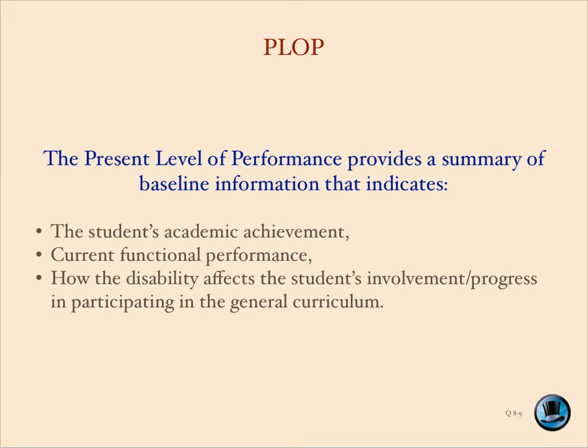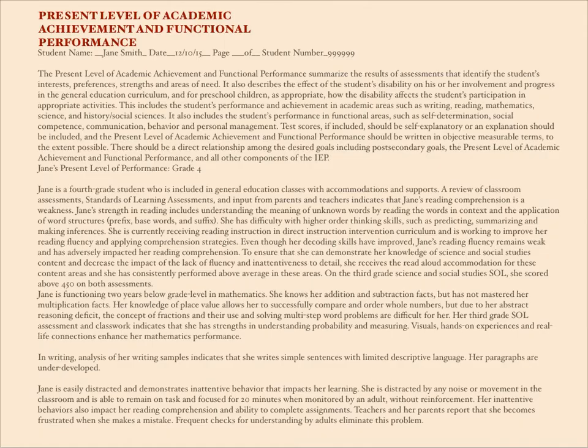It's usually at the very beginning of the IEP, after the demographic information. The first meat of the IEP is, this is what the kid can do. It's usually a page or so, sometimes a little bit longer. So if we look, and you can take some time or blow this up a little bit, I was just going to take some sections of it, but it just didn't make sense.